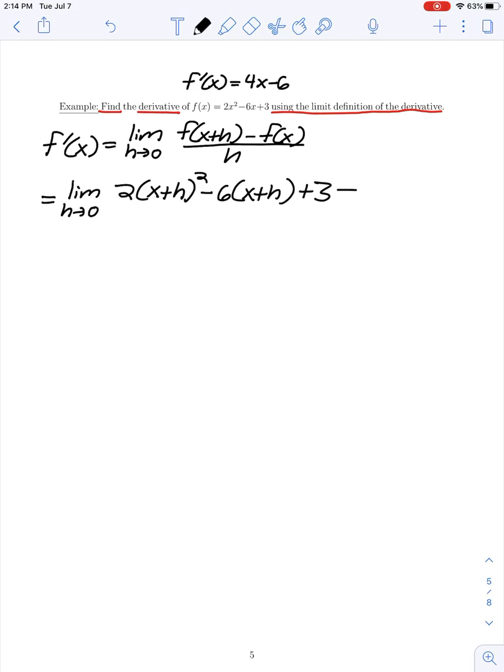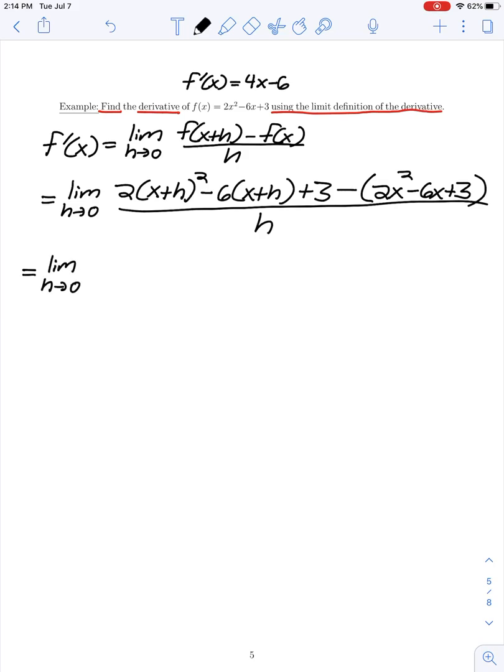And then we're subtracting f of x, which is 2x squared minus 6x plus 3. And remember, we're subtracting that entire quantity. And the whole thing is divided by h. So let's see what we have if we expand and simplify in the numerator.